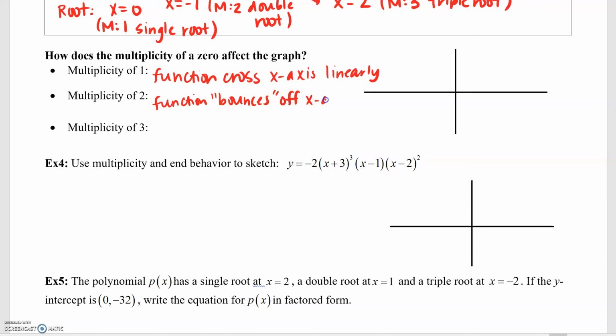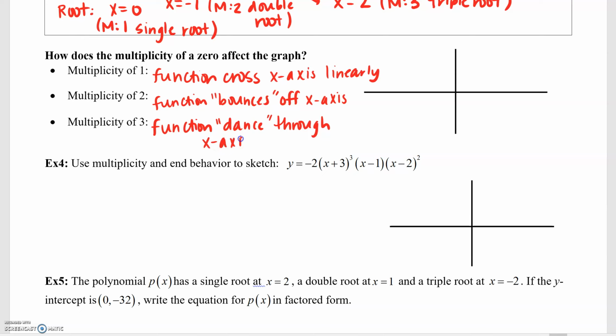It doesn't actually cross through, it just touches and then comes back down or goes back up, depending on which side it came from. For a multiplicity of 3, which means we have a triple root, my function is going to dance through the x-axis. So it does cross through the x-axis, but it's not going to do it linearly. That's how we're going to distinguish between a single root and a triple root.